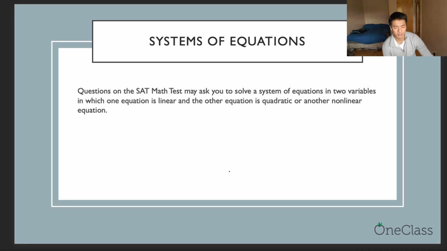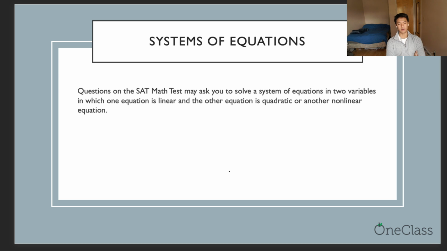Okay. The next type of question that you might see is systems of equations. Questions on the SAT math test may ask you to solve a system of equations in two variables in which one equation is linear and the other equation is quadratic, or another nonlinear equation. And so again, this is basically an evolution or a step up from some of the Heart of Algebra questions we were dealing with, because as you might remember, in Heart of Algebra, we had systems of equations where both equations were linear.